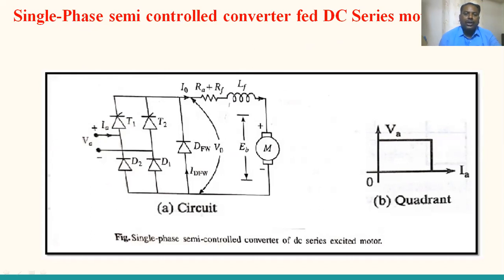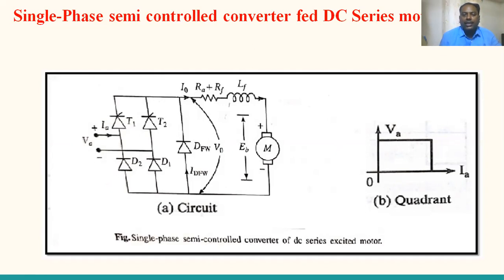After drawing this, you have to describe the circuit. The single phase semi-control converter fed DC series motor drive and its quadrant operation are as shown. The converter is a semi-control converter consisting of 2 control switches T1 and T2, and 2 uncontrolled switches D1 and D2. During the positive half cycle, T1 D1 operates.